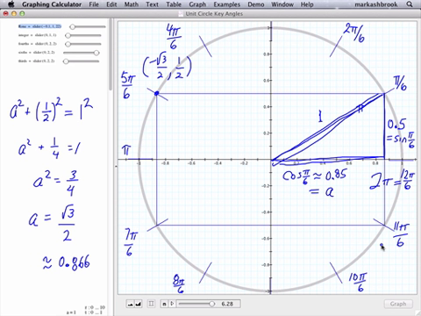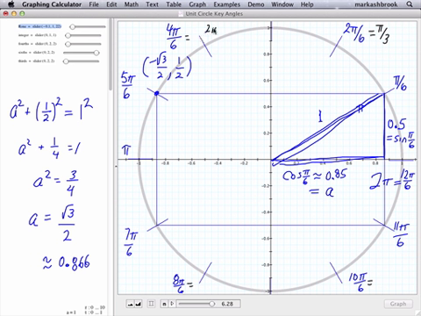Okay, and then the other 4, so that's the first group of 4 for when we divide into 6. What do you notice numerically about the other 4 angles? They all can be simplified into thirds. So this one is pi over 3.